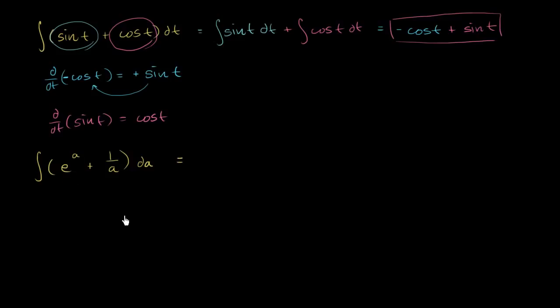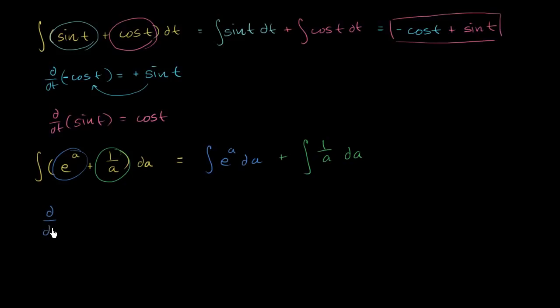So what is this going to be equal to? Well, once again, we can rewrite it as the sum of integrals. This is the indefinite integral of e to the a dA, plus the indefinite integral, or the antiderivative, of 1 over a dA. Now, what is the antiderivative of e to the a? Well, we already know a little bit about exponentials.